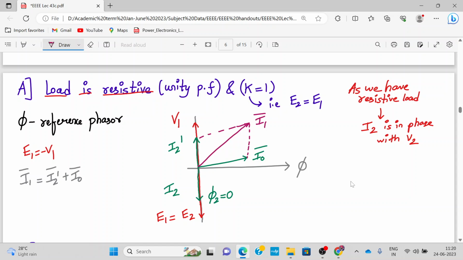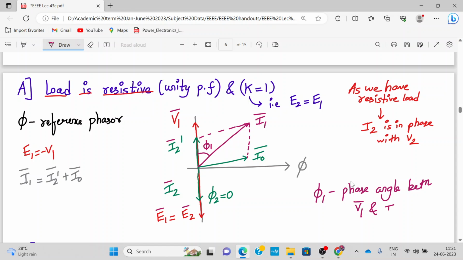Now, what is the phase angle between the primary voltage and the primary current? Phi 1. So this is my phi 1. Phi 1 is the phase angle between V1 bar and I1 bar, everything is bar over here basically.